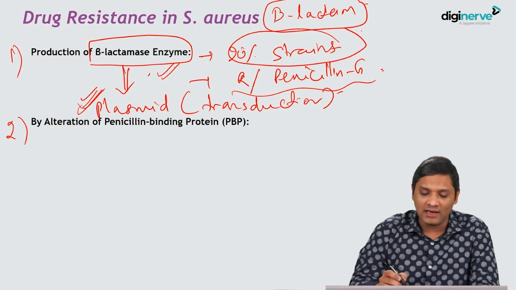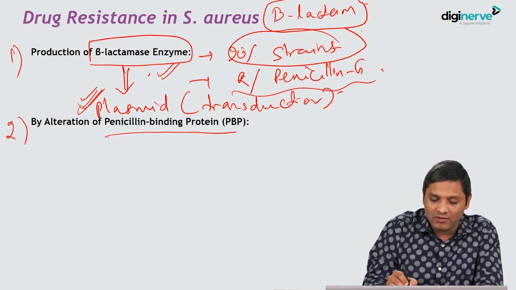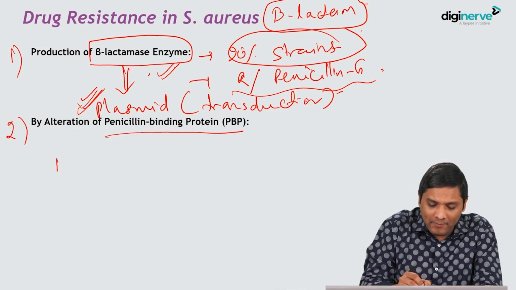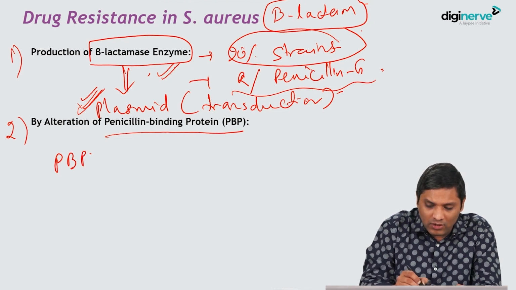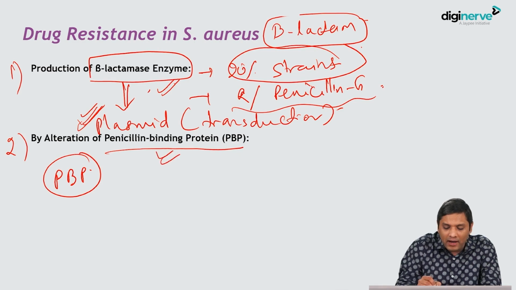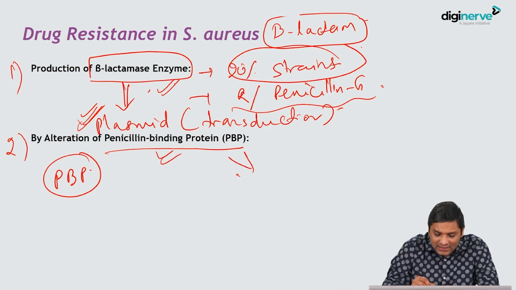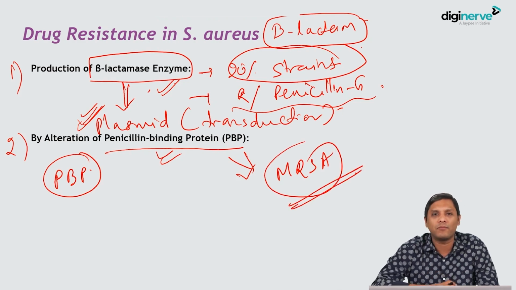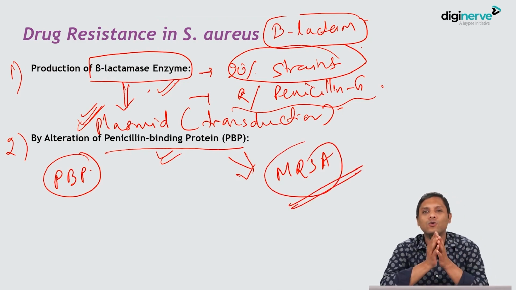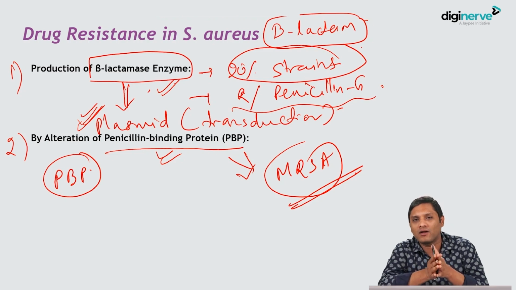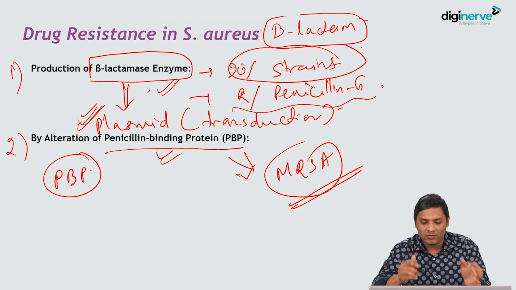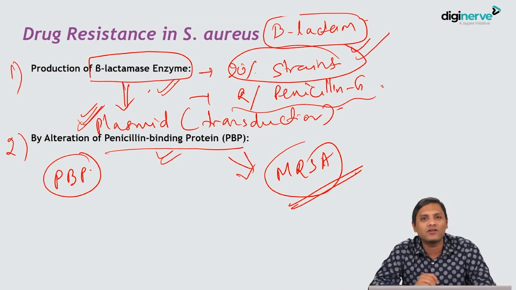In contrast, another mode of resistance to beta-lactam drugs is by alteration of penicillin binding protein, and this is expressed by the strains of Staph aureus called MRSA. So please remember the two types of beta-lactam drug resistance. One is by production of beta-lactamase enzyme, shown by 90% of Staph aureus strains.